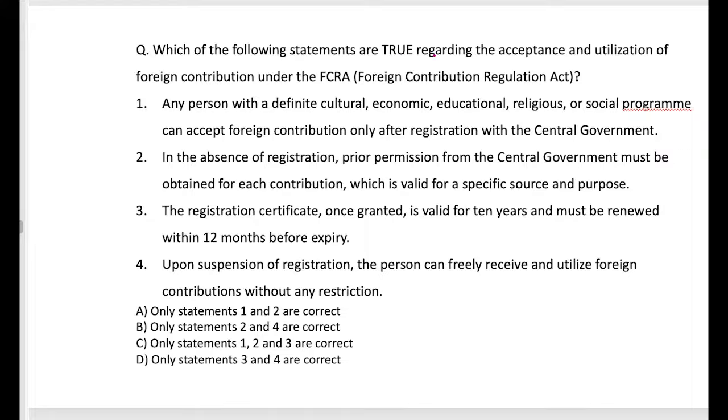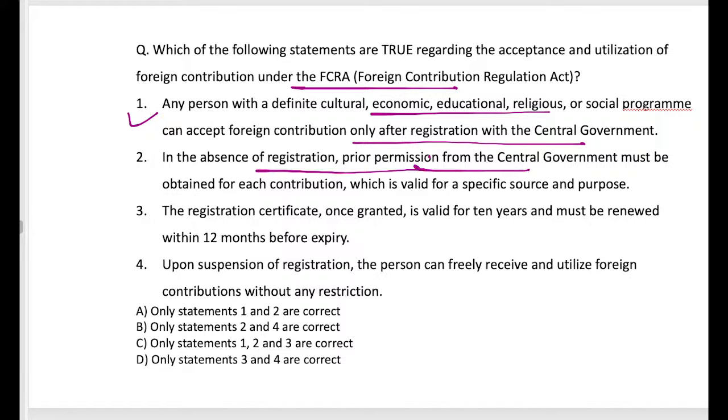So another one is true regarding FCRA. First statement, any person defined for cultural or economic programs can receive contribution only after registering with the central government. In the absence of registration, prior permission from the central government must be obtained; each contribution must be valid for the specific purpose. The registration certificate once granted is valid for 10 years and must be renewed within 12 months.